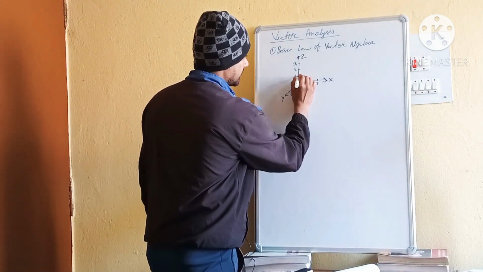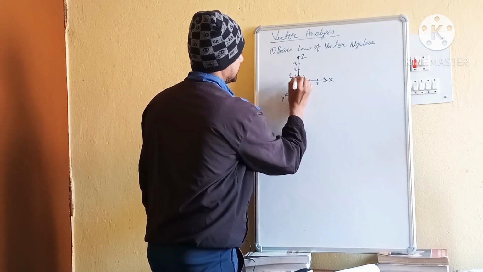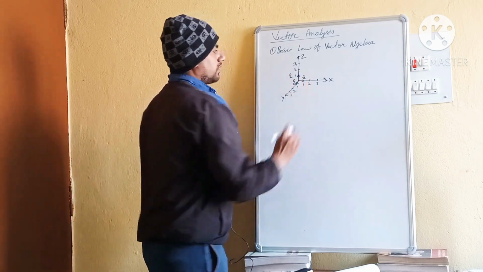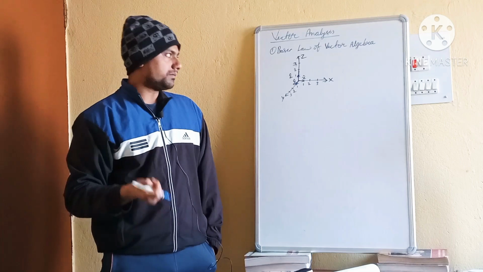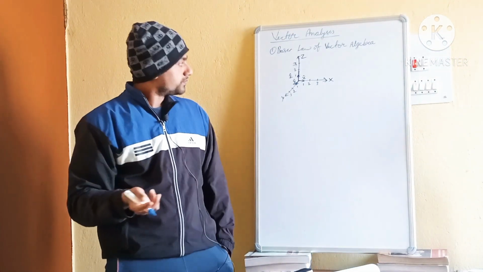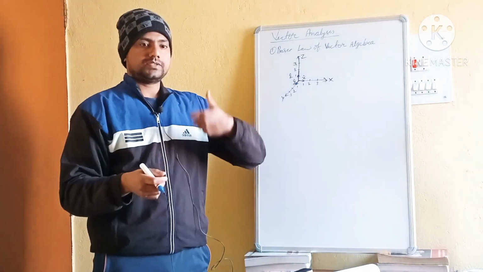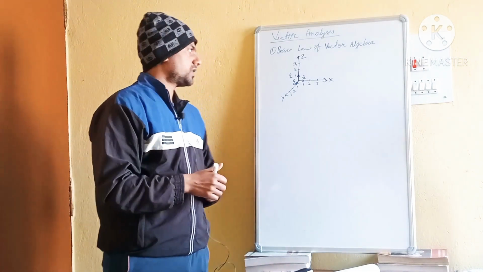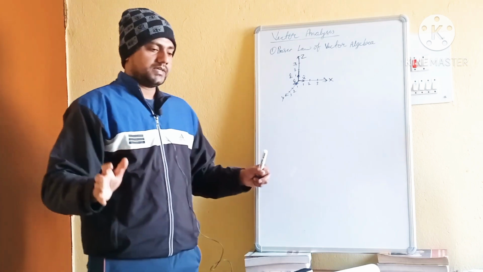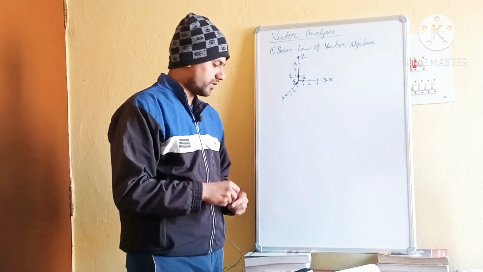In the same way, we write z cap, the unit vector along the z-axis. So in all three cases, x cap, y cap and z cap, the magnitude is 1 only.